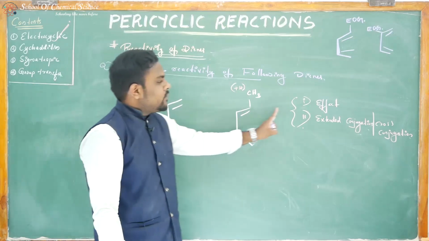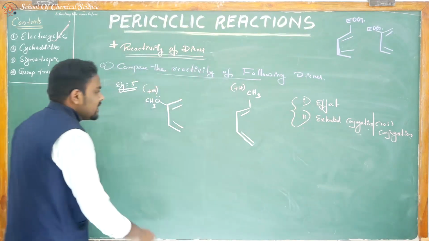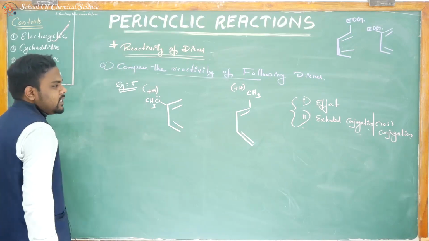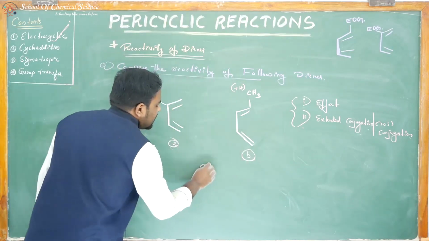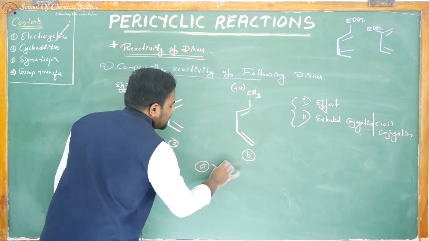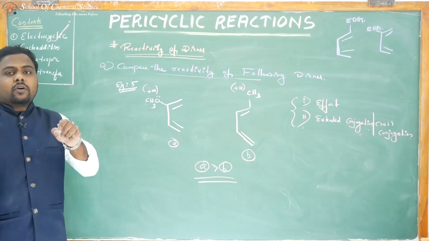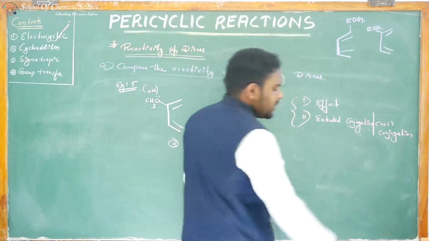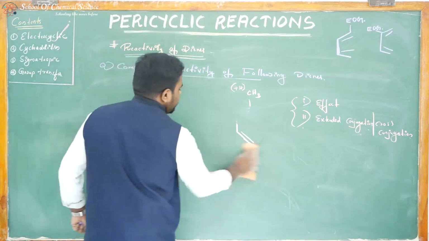Second priority is for extended conjugation or cross conjugation. So definitely the effect will be higher for OCH3 due to mesomeric effect. So this is A and this is B. So definitely A is more reactive than B. So give first priority to effect. Okay. Then next one and the last question.